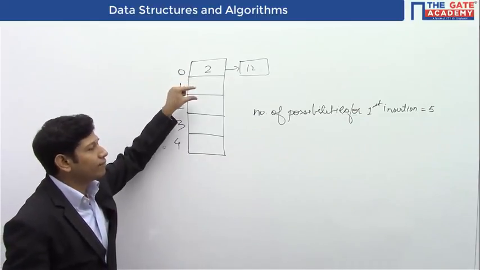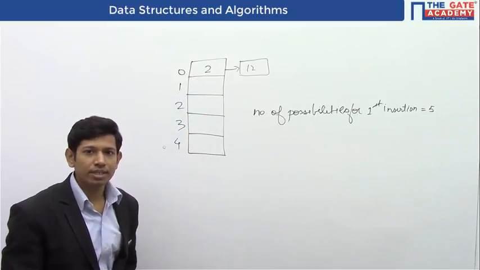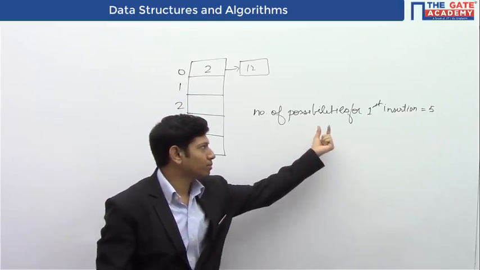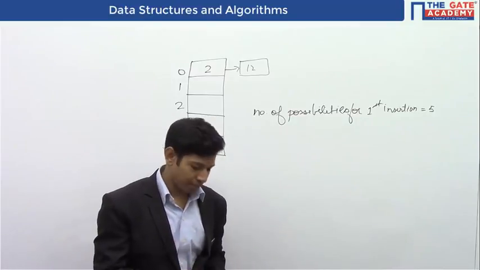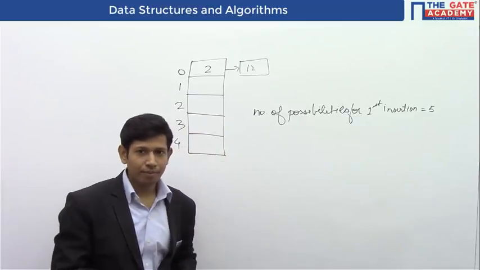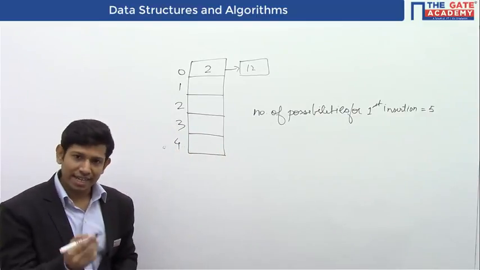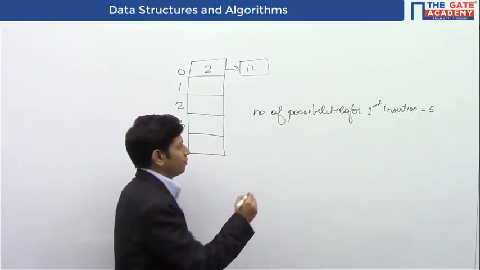Because there are 5 slots. So first insertion can be in any one of these slots. So number of possibilities for first insertion is 5. Next thing which they are saying is that chaining is allowed. Now since chaining is allowed, number of possibilities for second insertion is also 5.